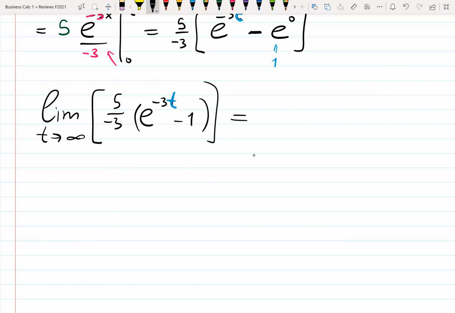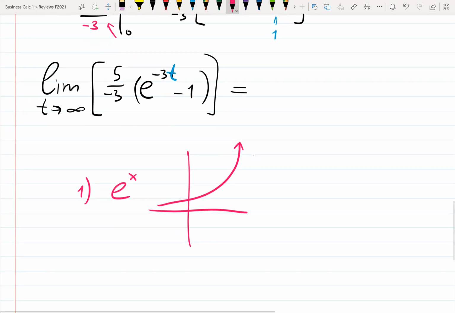So, which one do you know? Let's see. You can tell me or I can tell you. One way, e to the x visually is growing up to plus infinity at infinity, we know that.